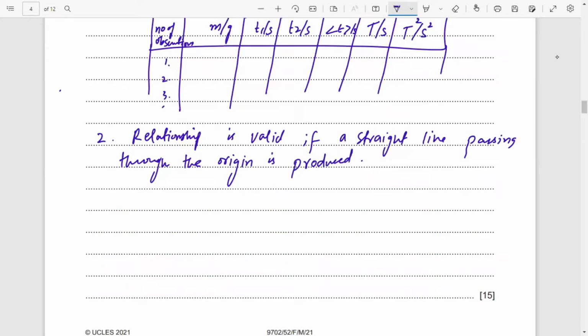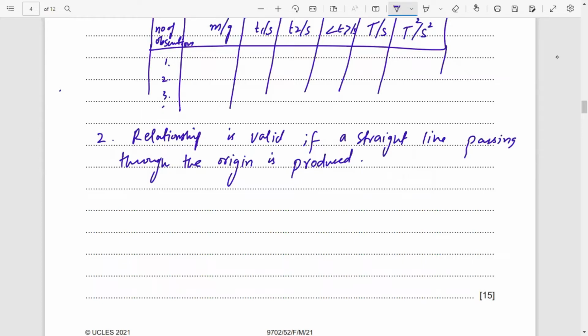You got 2 marks here. Scoring the third mark is a little mathematical. Relationship is valid if a straight line passing through the origin is produced. So you scored 2 marks in mathematical analysis, and now you have scored a total of 8 marks out of 15 in your Paper 5 question number 1.